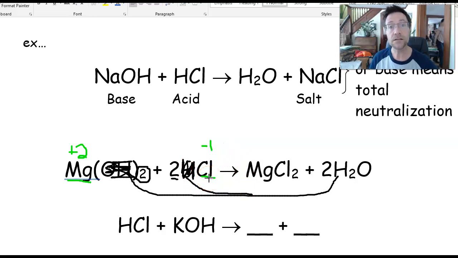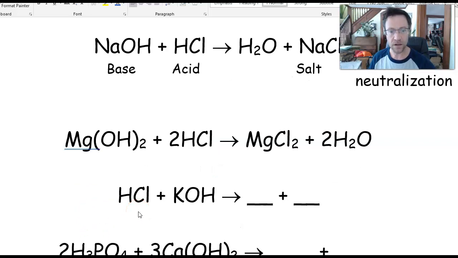If it's on the right-hand side, that means it has to be negative, and there's only one negative option. So because magnesium is a +2 and chlorine is a -1, our final chemical formula will be MgCl2. Got it? Because this is +2, it's -1. There are 2, so we have -2 in all. Great.